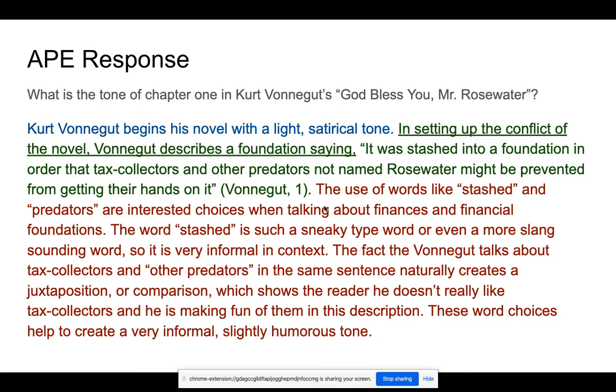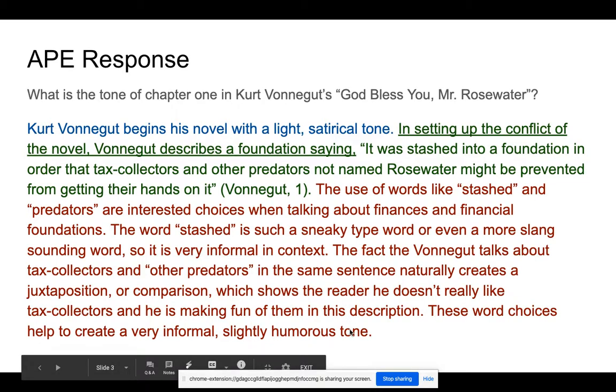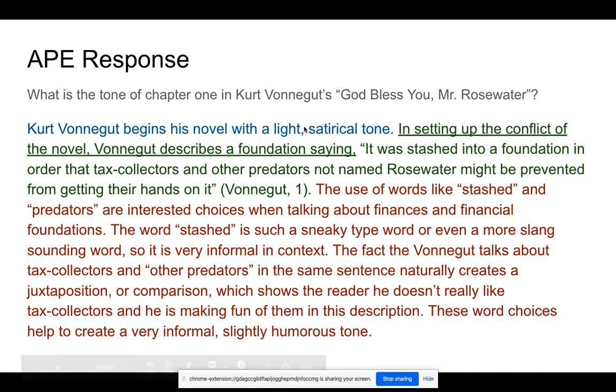All right, so everything in red is me explaining why I think this, and why my quote is important. I said the use of words like stashed and predators are interesting choices when talking about finances and financial foundations. The word stashed is such a sneaky type word, or even a more slang sounding word, so it's very informal in context.